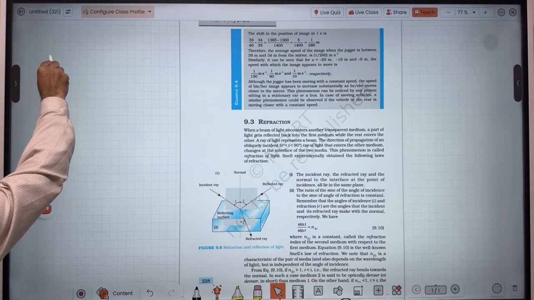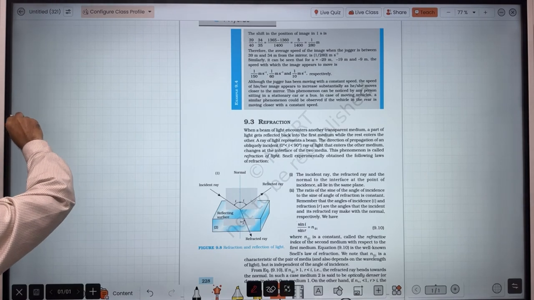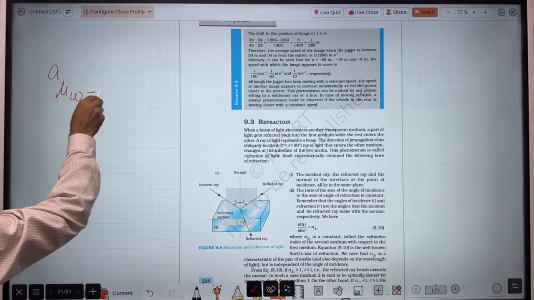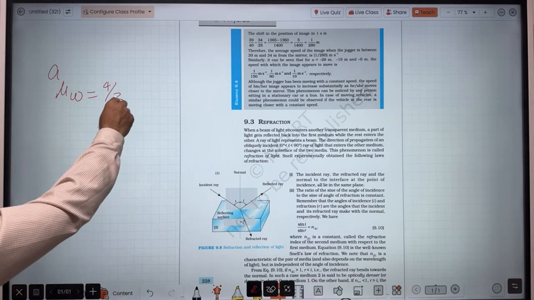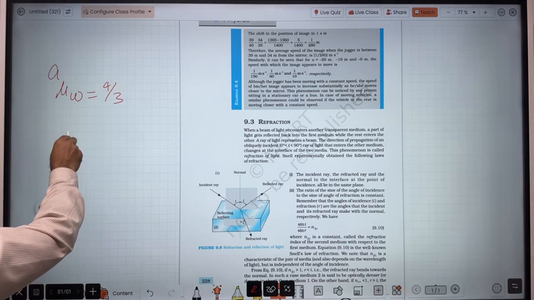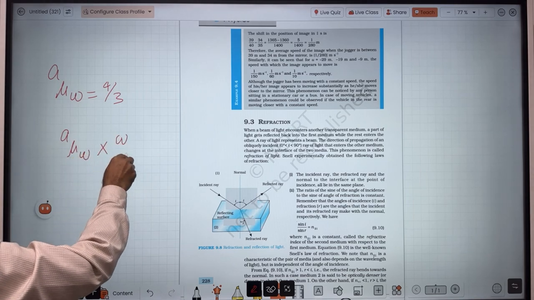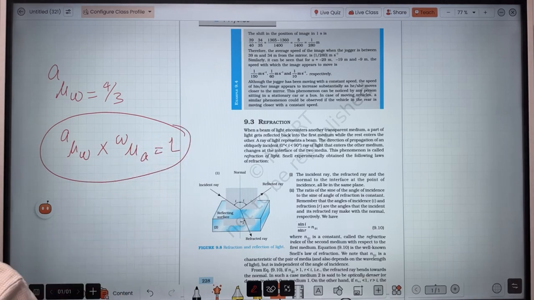Suppose A mu W is 4 by 3, meaning the refractive index of water with respect to air is 4 by 3, and suppose you want to find the refractive index of air with respect to water, so it will be 3 by 4. Why? What is the rule? The rule says A mu W multiplied by W mu A is 1, right?